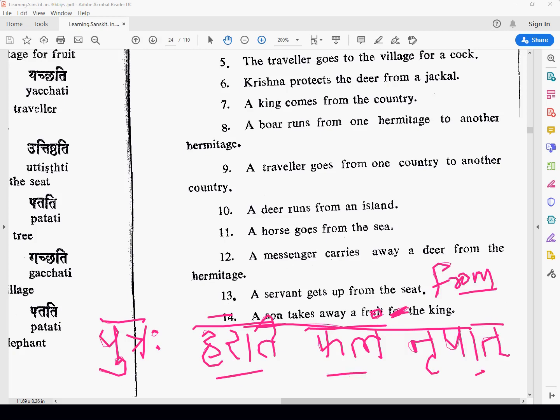You can put it in this order, but generally, for ease of understanding, we start with putraha, the subject, and put nrupat. Putraha nrupat phalam harati, or putraha phalam nrupat harati. Usually the verb, harati, goes at the end and the subject at the beginning.